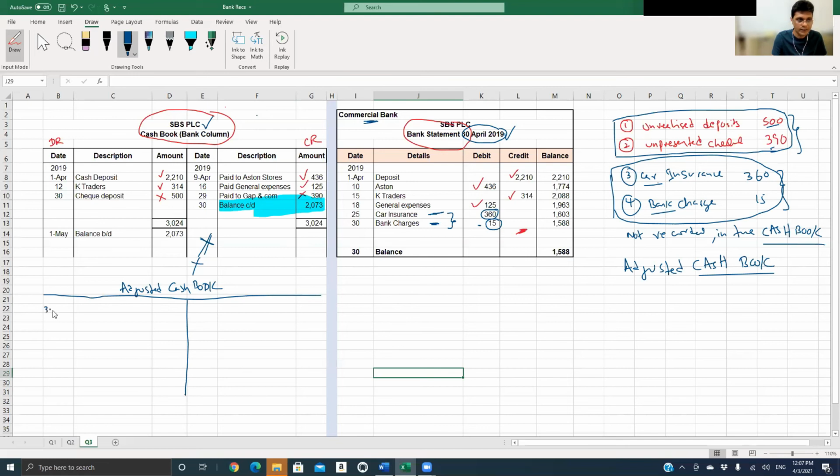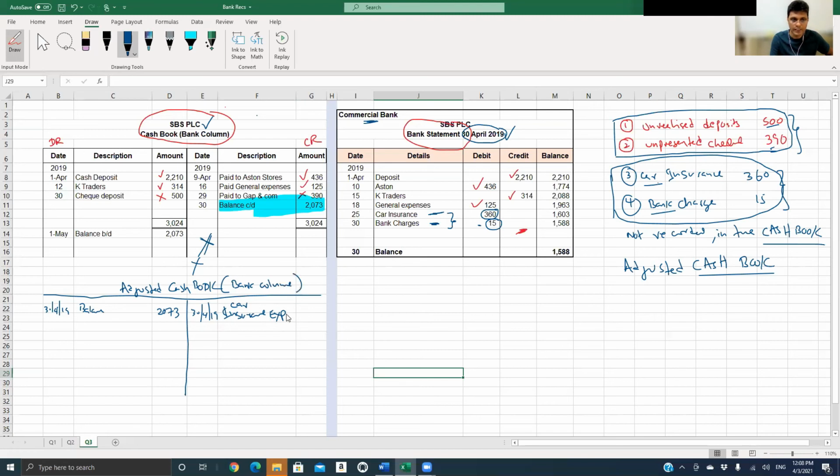Okay, so 30th April 2019, balance how much? 2073. So what we had to do, the car insurance, it's an expense, right? Insurance is an expense. The bank has paid. So what do we need to do? We need to credit our cash book, the bank column, and debit insurance expenses, car insurance.